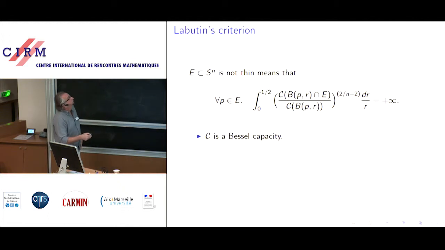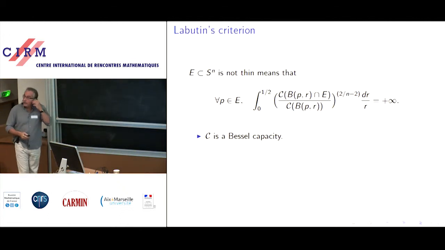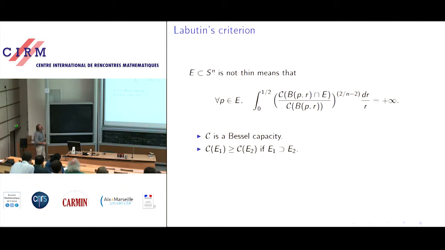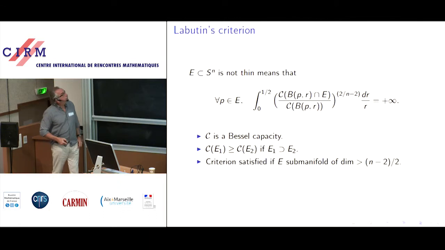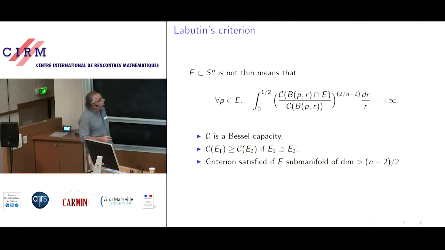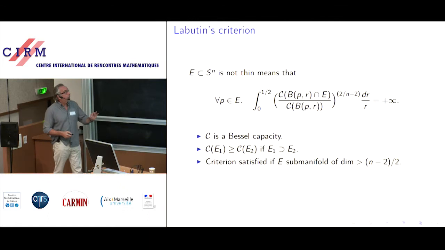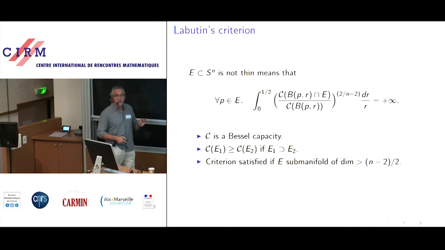It's a bit more subtle. But we can say something for the Whitehead manifold, the one I described here. More precisely, we have to use this nice property of any kind of capacity, that it is monotonic. So if one set is included in the other, then the capacity of the first one is smaller than the capacity of the other. And we have to use the fact that this criterion has been worked out when the set E is a submanifold. And when the set E is a submanifold, the criterion is very clear.